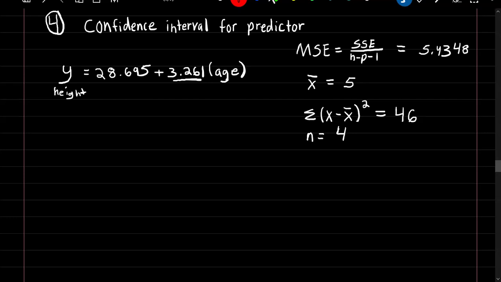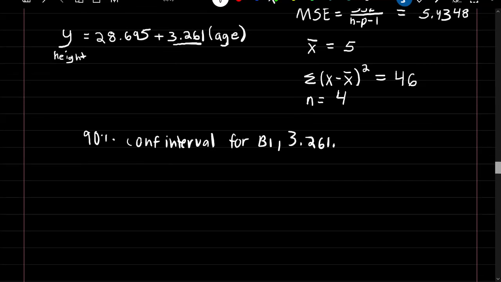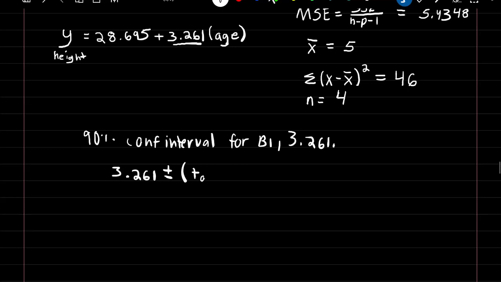If we want to find the range where the true population parameter lies within a certain interval, say a 90% confidence interval for our beta 1 parameter of 3.261, we center it around our value, 3.261 plus or minus our t-score, which is alpha over 2 with n minus p minus 1 degrees of freedom, times the standard error of our parameter.